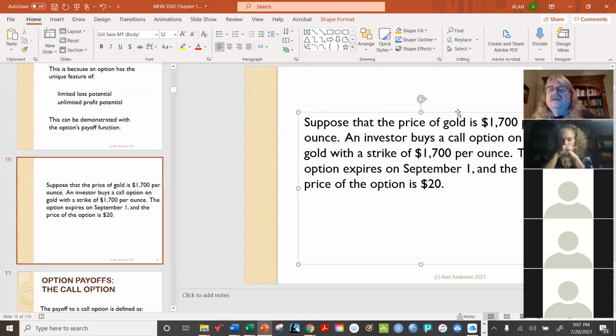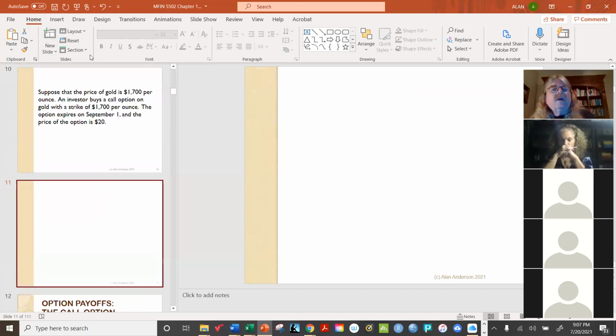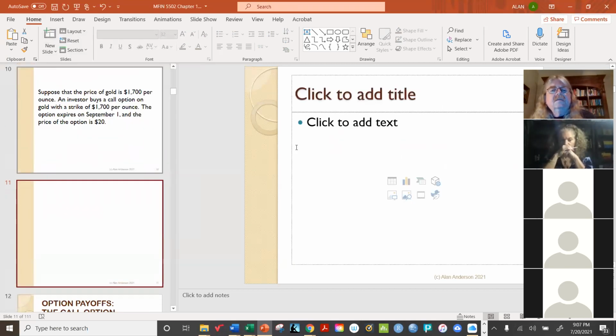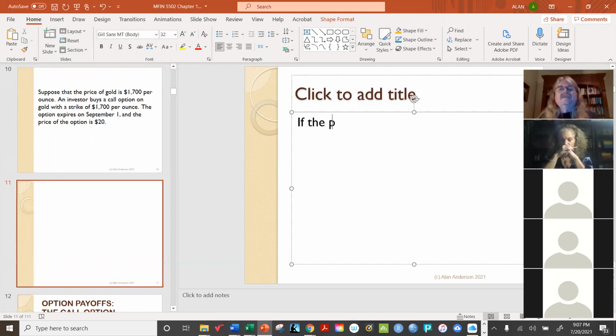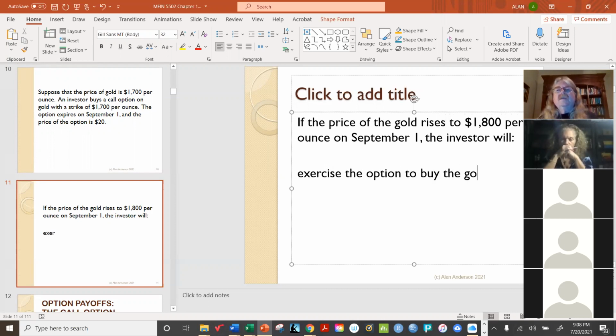So in September, there's really only two things that can happen. Either the price of the gold goes up or it goes down. If the price of the gold rises to $1,800 per ounce on September 1st, the investor will exercise the option to buy the gold for $1,700 per ounce.